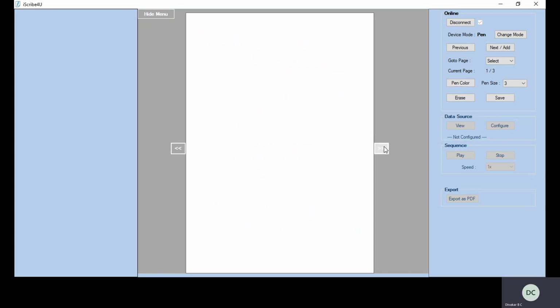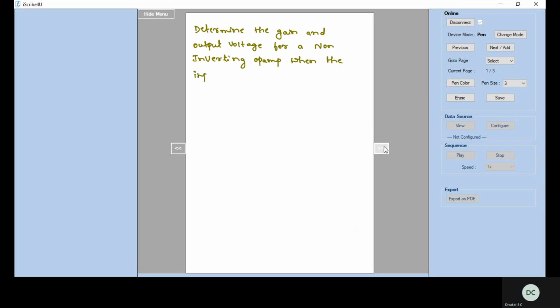So now let us take the numericals. The first one: determine the gain and output voltage for a non-inverting op amp, when the input is 0.5 volts and minus 3 volts, Rf, the feedback resistance, is 10 kilo ohm and the input resistance is 1 kilo ohm.